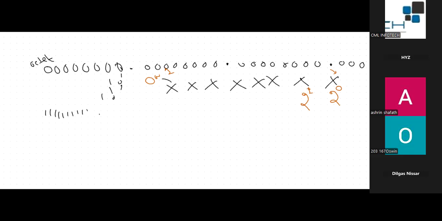Why 2 raised to 1? Because the binary is 0 or 1.